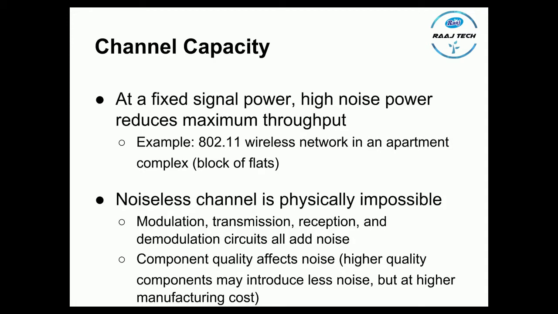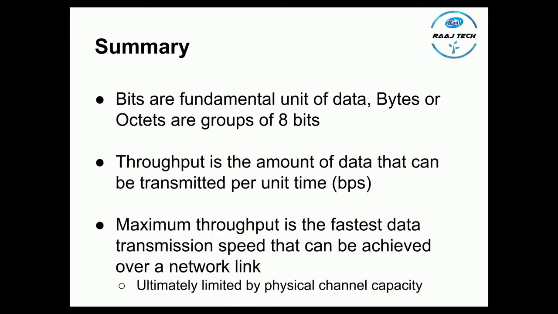Higher quality components, for example, will tend to introduce less noise. But higher quality components have a higher manufacturing cost, and so we have to consider the economic realities of how much noise is acceptable for a given application based upon the price of the components that we would need in order to reduce that amount of noise.